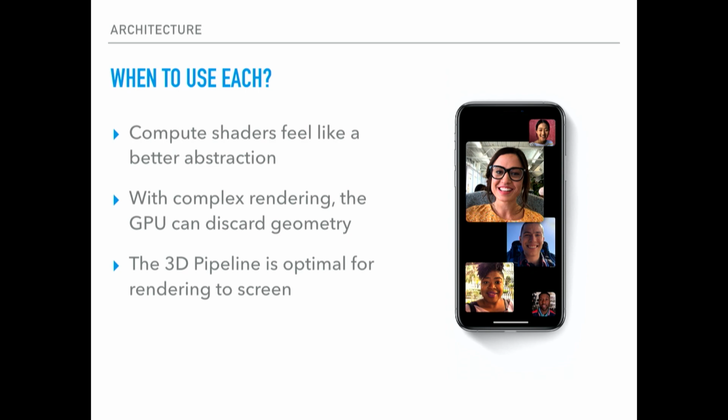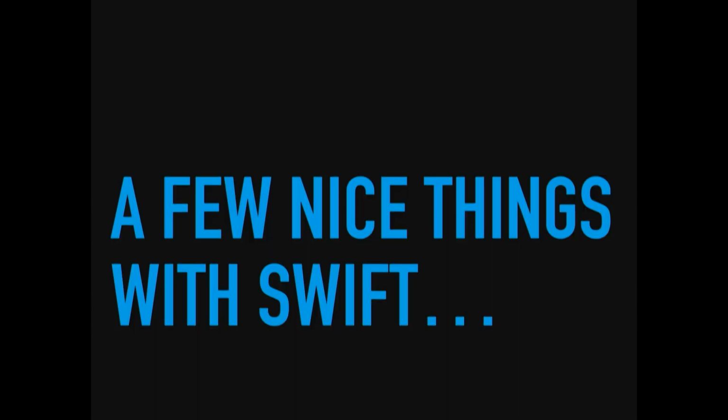And this can all be handled on the hardware side. So you just submit the geometry and say render it, and it'll know, okay, I'm going to skip this, I'm going to skip this. So if you're building something that looks a lot like UIKit, you probably want to ultimately use the 3D pipeline. But if you're just doing straight up image filtering, then you probably want to use the compute pipeline.